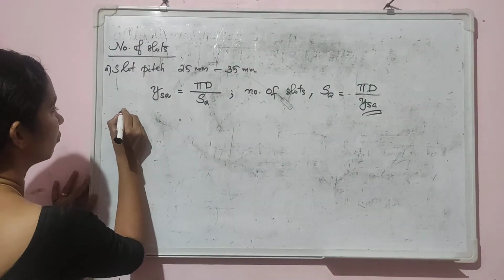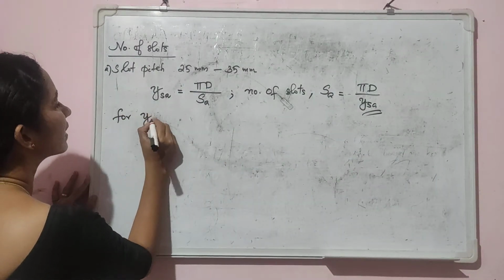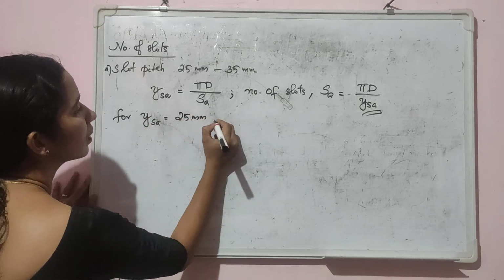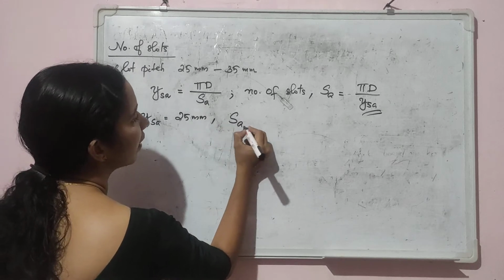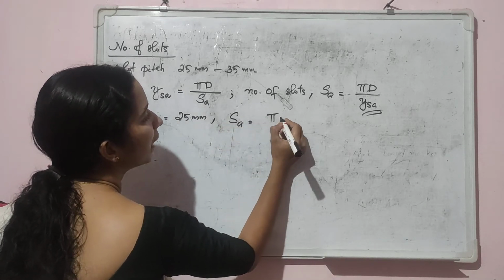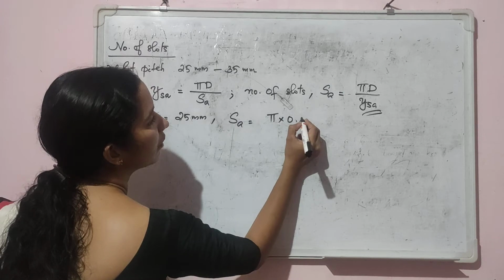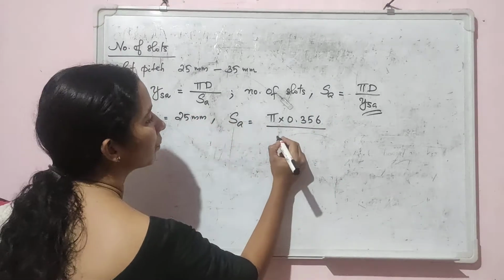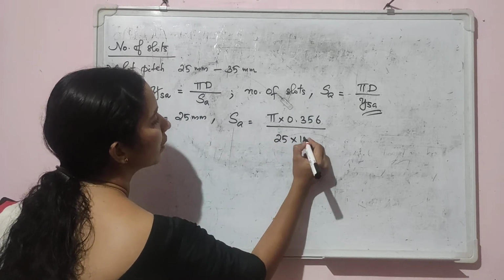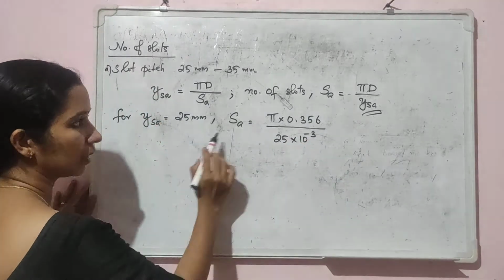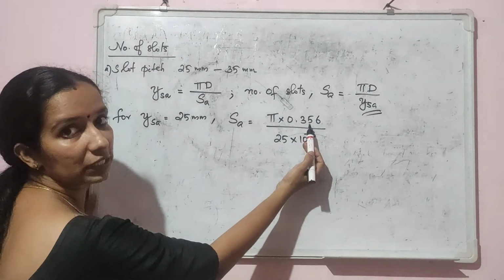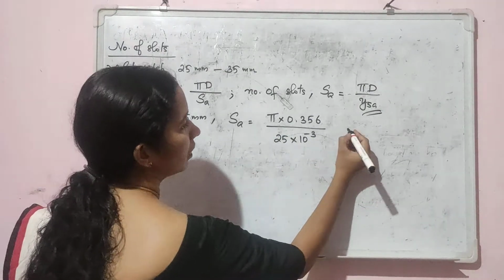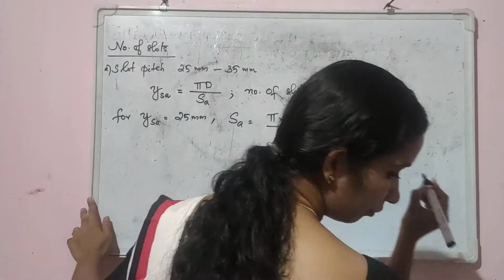For YSA slot pitch equal to 25 mm, we will get SA is equal to pi into D, which is 0.356, divided by YSA, 25 into 10 raised to minus 3, because D we have substituted in meters, so we have to substitute YSA also in meters. So the answer will be 45.